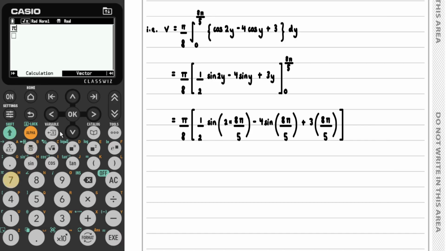I have pi over 8 multiplied by 1/2 times by the sine of 2 times by 8 pi over 5, subtract 4 times by the sine of 8 pi over 5, plus 3 times by 8 pi over 5, so I've got 7.300, etc. So I've got 7.3 centimeters cubed.